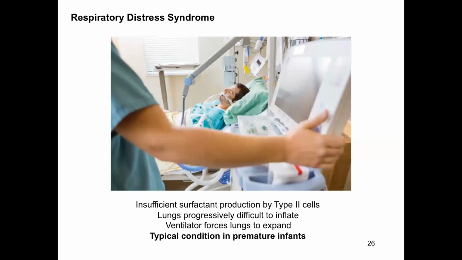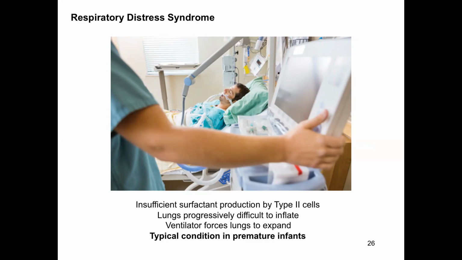Now, the next one, respiratory distress syndrome. This brings me back to our type 2 cells and the surfactant production. What happens to someone with respiratory distress syndrome is that they need to be on a ventilator. Why? Because those type 2 cells are not producing surfactant, or we don't have enough type 2 cells, and the lungs get progressively difficult to inflate.